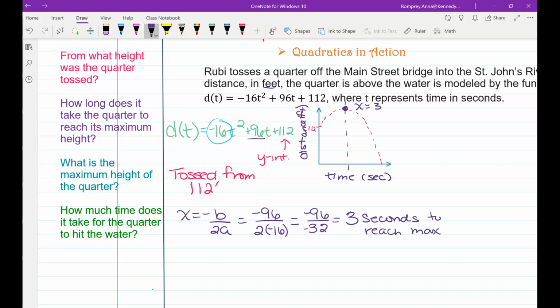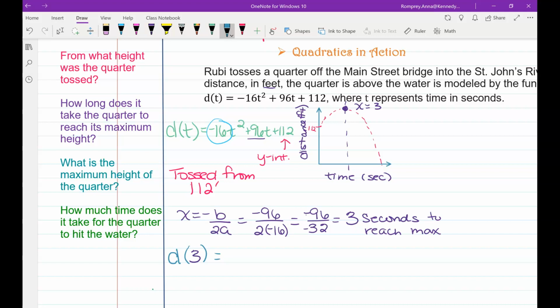Okay, so now what's the maximum height of the quarter? Well, the height is represented by d in this case, our distance. So the distance the quarter is from the ground, so if I know it's at 3 seconds, I'm going to find d of 3.